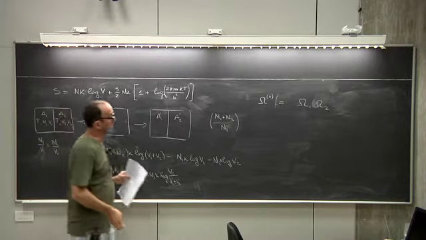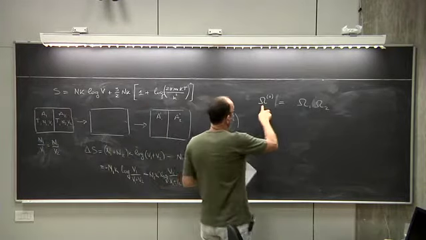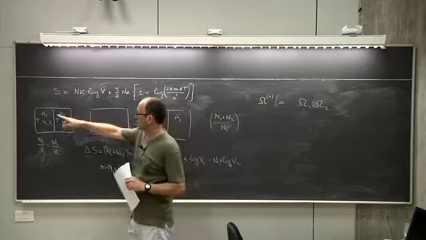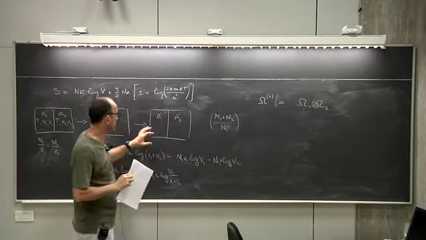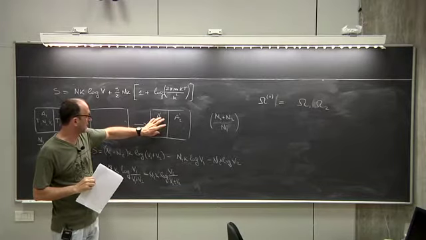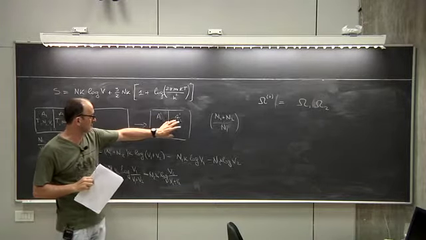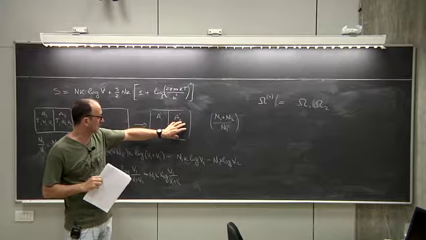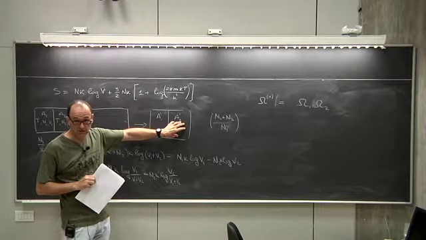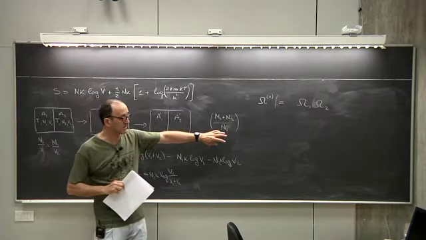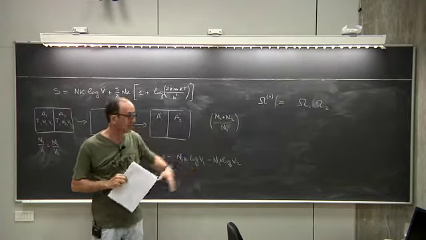So when you compute the number of microstates of the whole system, you should consider the product of the number of microstates in which system 1 can be times the number of microstates in which system 2 can be, and then you should multiply by this factor.